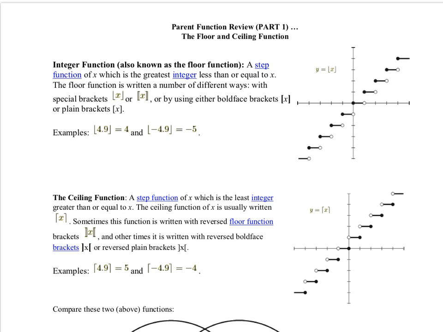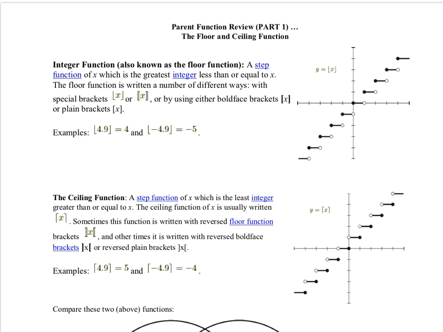So here's an example of how we would evaluate a number using the floor function. Examples would be 4.9. If we use the value 4.9, that equals 4. So at 4.9, if I go over here, 1, 2, 3, 4, almost to 5, 4.9, and I go up my graph, I should end up where y is 4, right here.